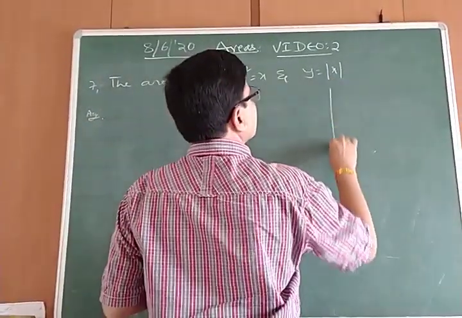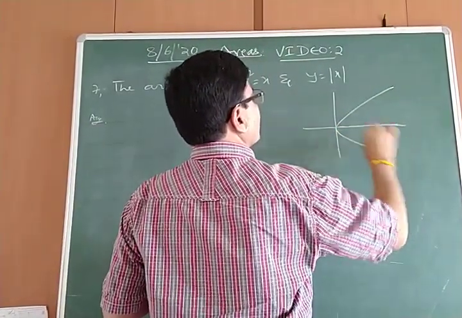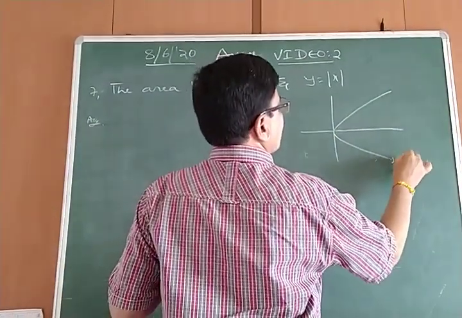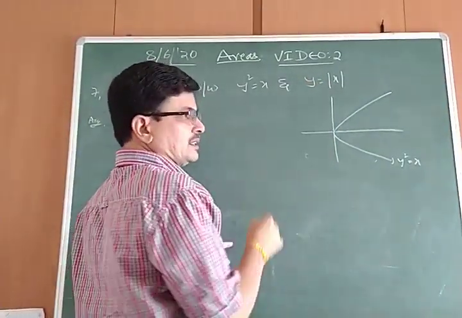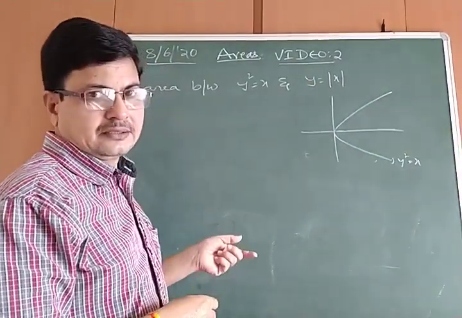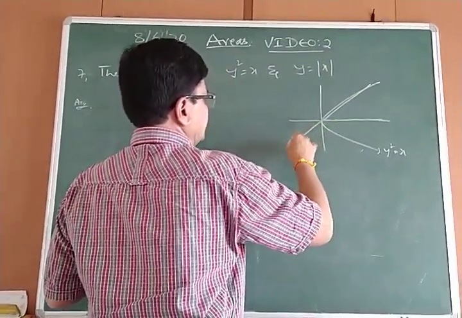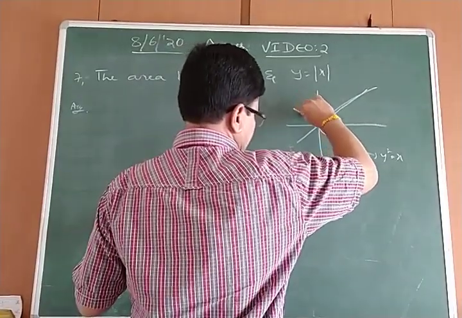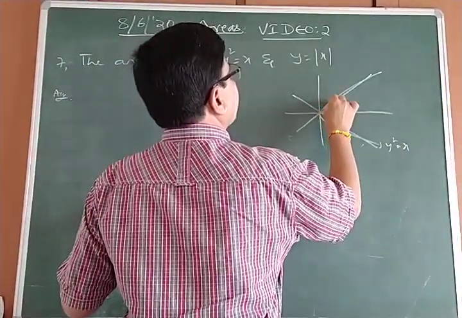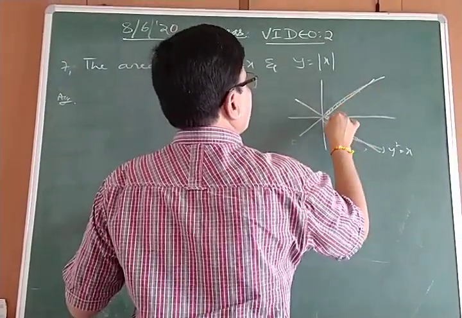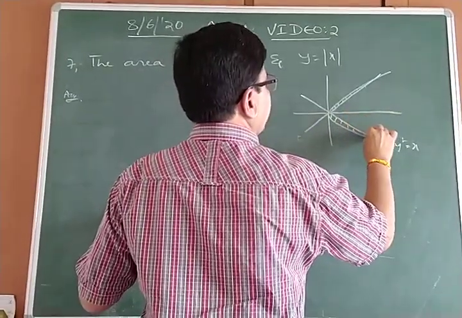So this is the parabola. y square is equal to x and y is equal to mod x, that means y is equal to plus or minus x. When y is equal to x, that represents a straight line like this, and when y is equal to minus x, that is another straight line like this. This is the required area between the parabola and the given lines.